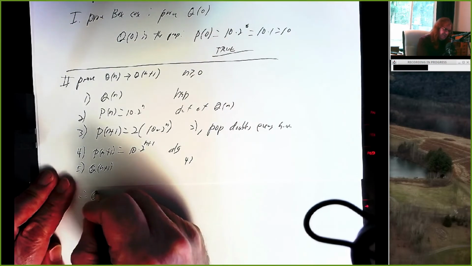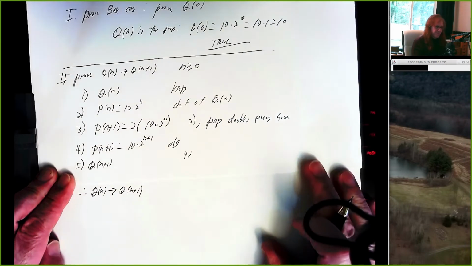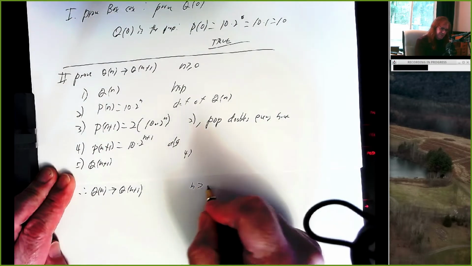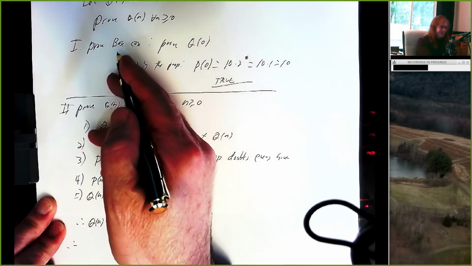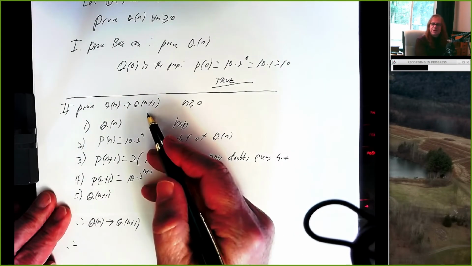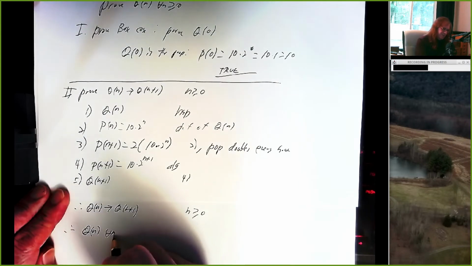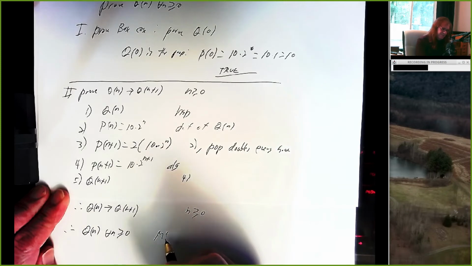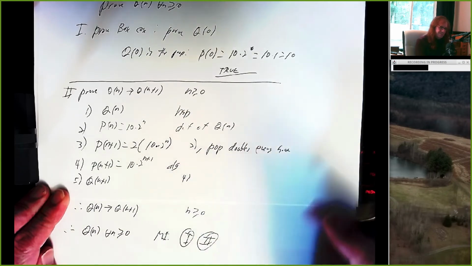Therefore, Q of n implies Q of n plus 1 for n bigger than or equal to 0. And therefore, since we have a base case that proves Q of 0 and we have an inductive step that proves Q of n gives Q of n plus 1, Q of n is true for all n bigger than or equal to 0. That's mathematical induction applied to steps 1 and 2.